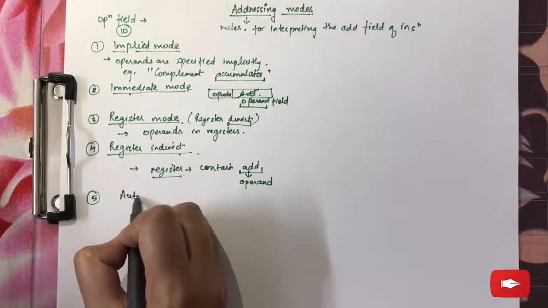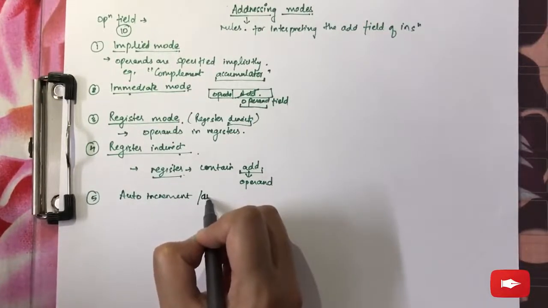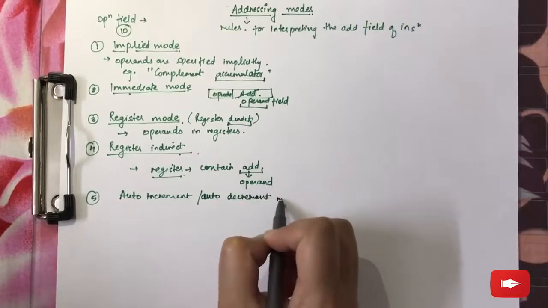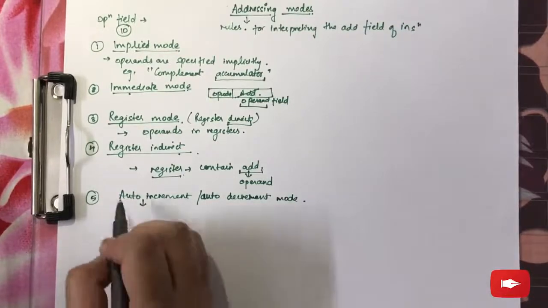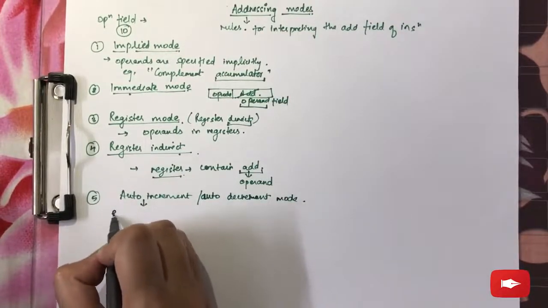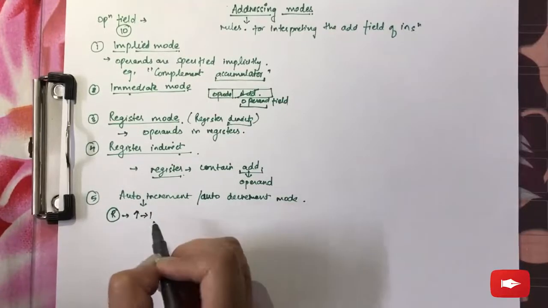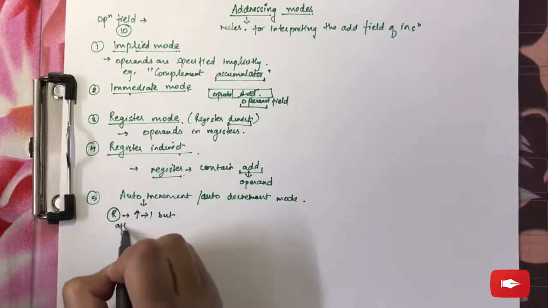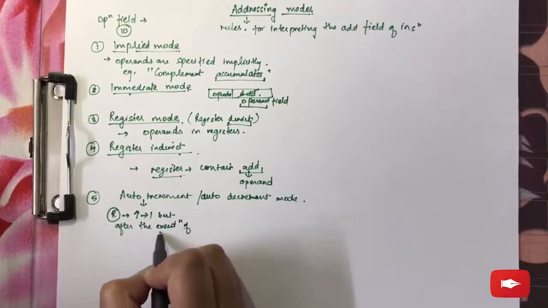Fifth is auto increment or auto decrement mode. According to the auto increment mode, the value of the register is incremented by 1, but after the execution of the instruction.